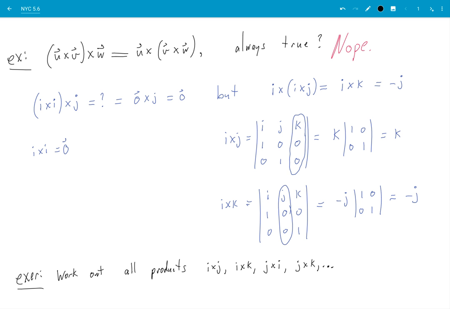Some of them are 0, and this one is just the negative of this one, so you can save yourself some time. So pause and copy and try that.